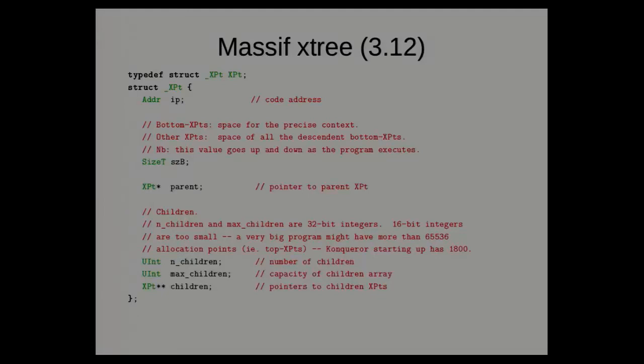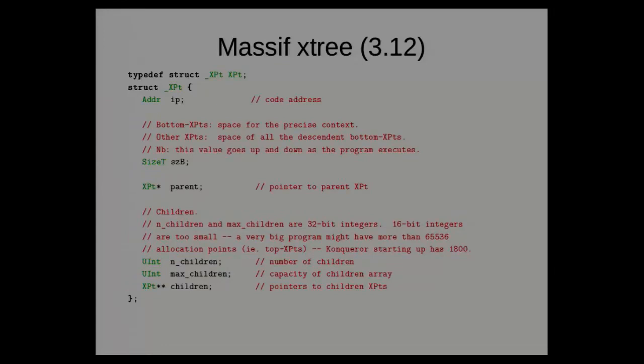Then here we record, in 3.12 terminology, an execution point, so one of these small square rectangles that I presented, and we store here the size of this block. For the bottom execution point, so the lowest level in the tree, it is the size for this precise stack trace.